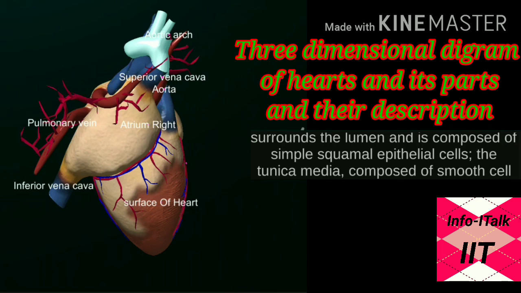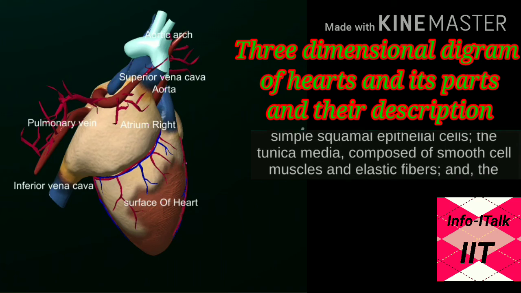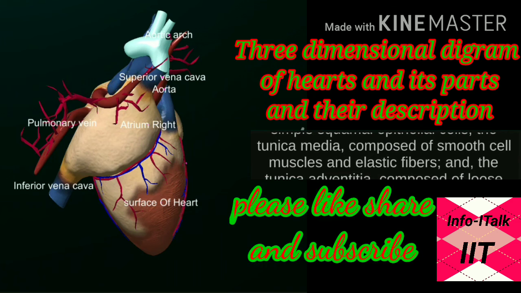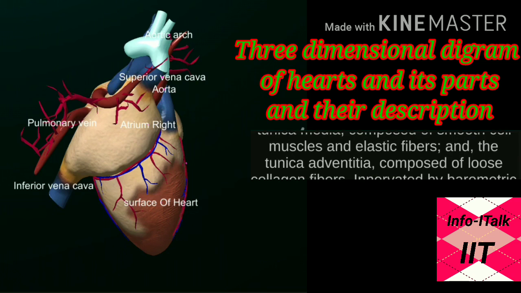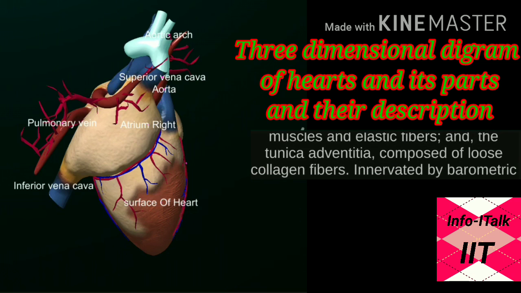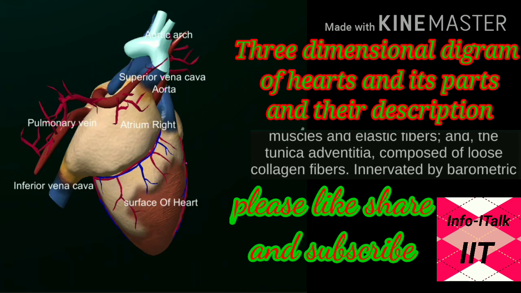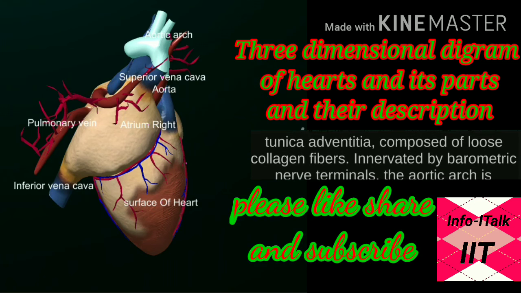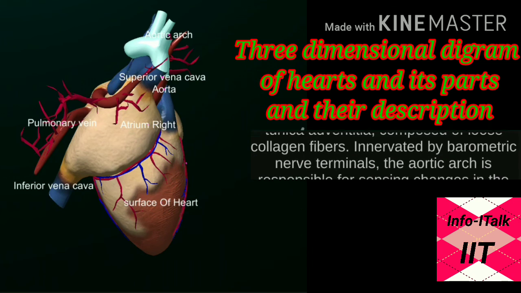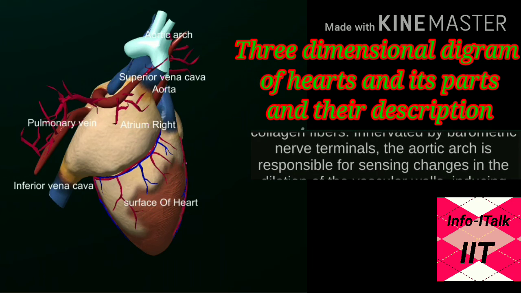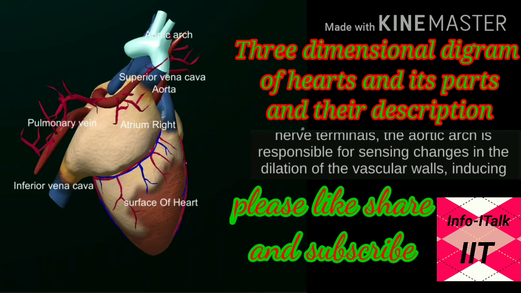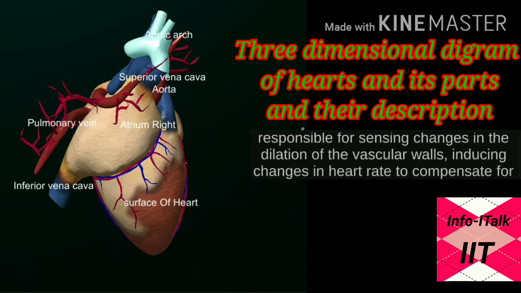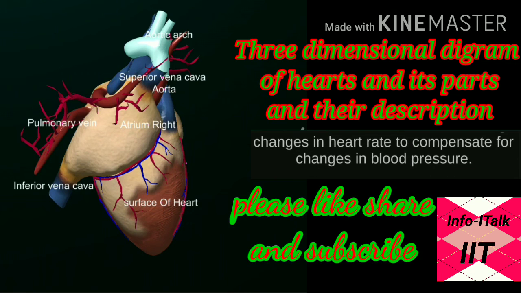The tunica media, composed of smooth muscle cells and elastic fiber, and the tunica adventitia, composed of loose collagen fiber, innervated by baroreceptor nerves. The aortic arc is responsible for sensing changes in the dilation of the vascular walls, including changes in heart rate to compensate for changes in blood pressure.